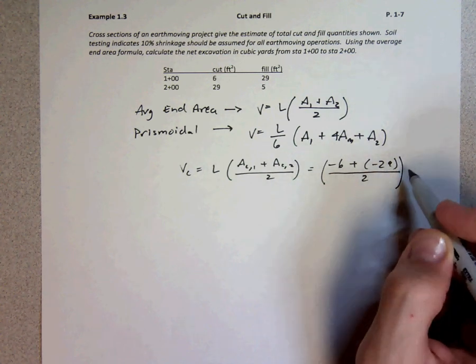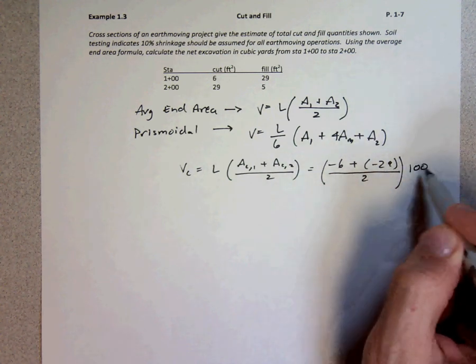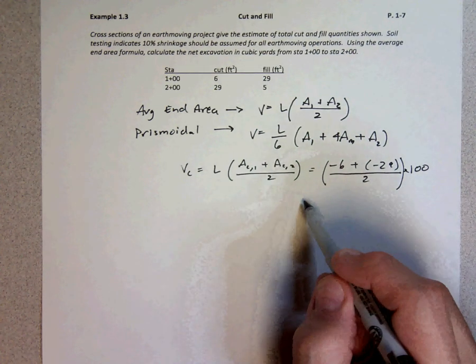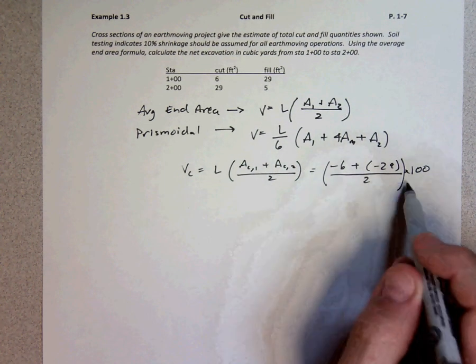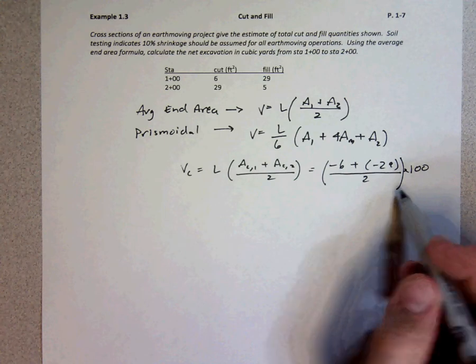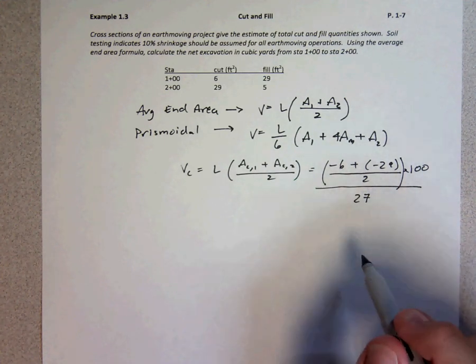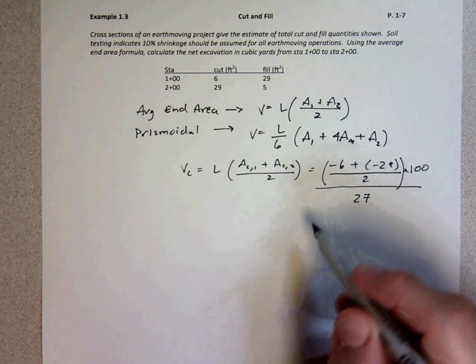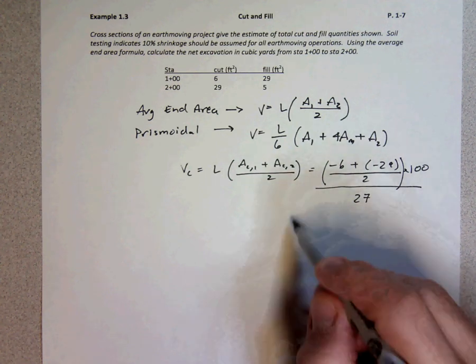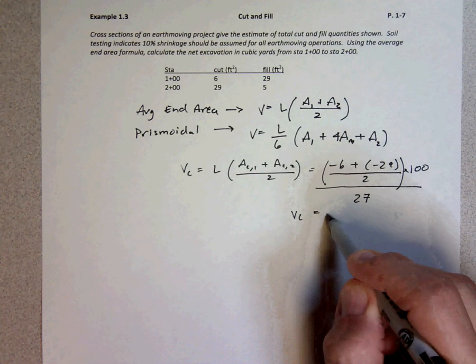And the length between them is just 100 feet. It's one station. That's going to give us our answer in cubic feet. So in order to get to cubic yards, I want to divide the whole thing by that number 27. Again, it's 3 by 3 by 3 to get from cubic feet to cubic yards. That's the volume of the cut between the two stations.